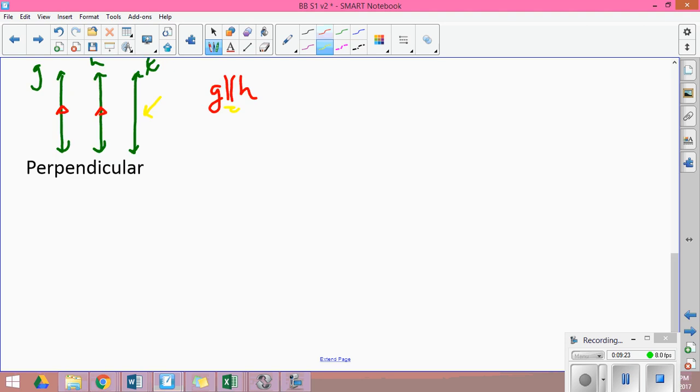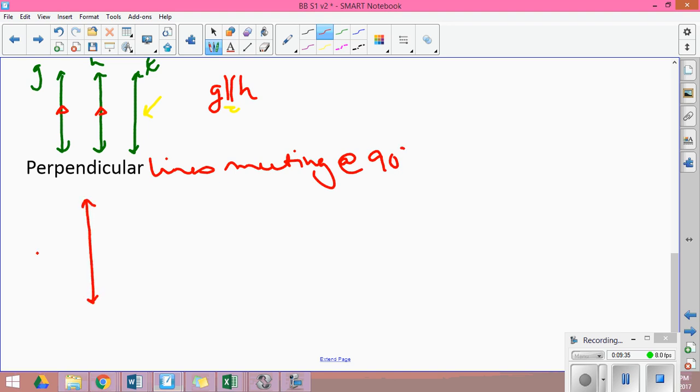Perpendicular are lines meeting at 90 degrees. And so when we see that picture, we will see a couple of different notations. If we call this little line M and this one is N, in a picture, you'll see that little box.